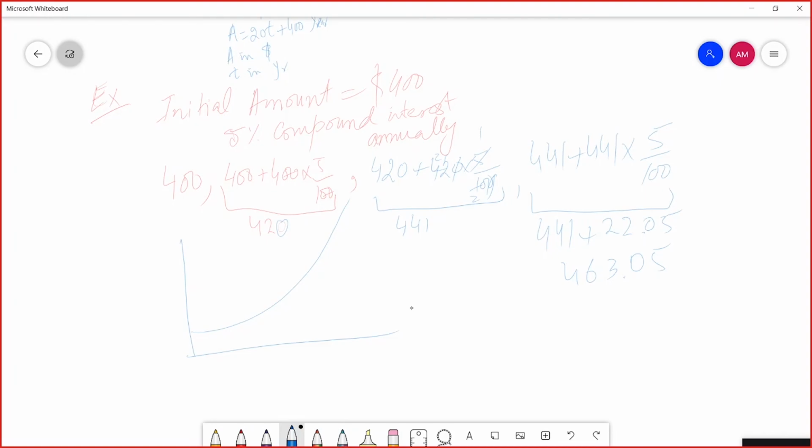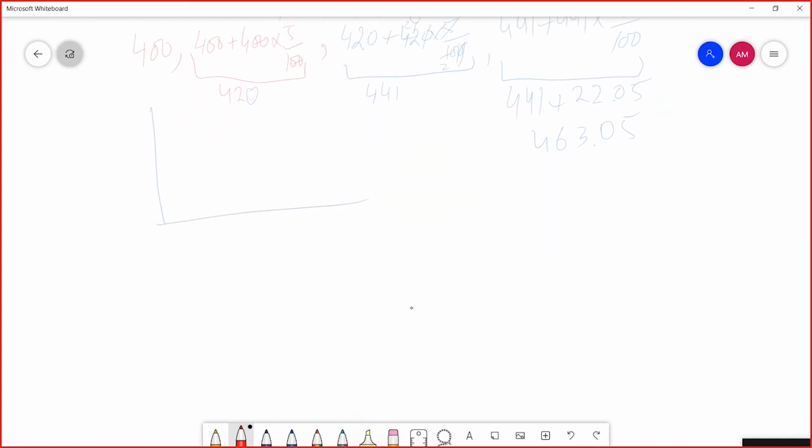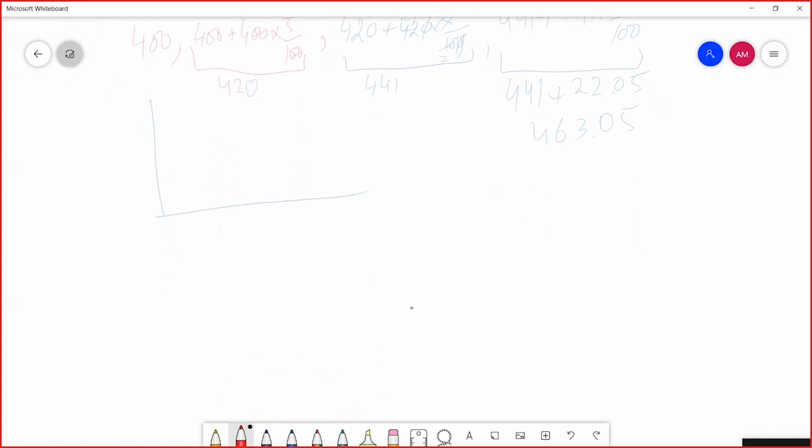If we see this sequence, 400, 420, 441, and this was 463.05, right?